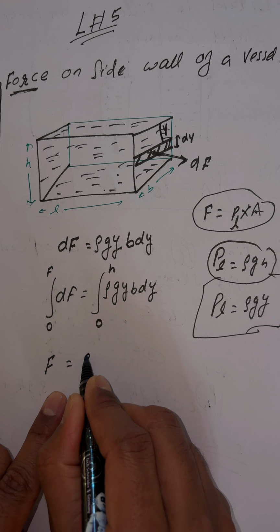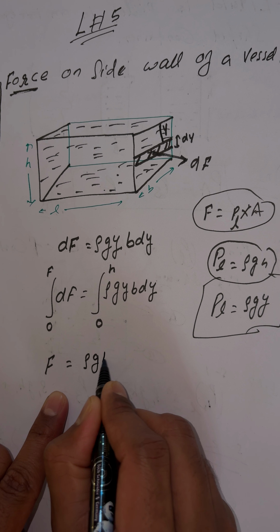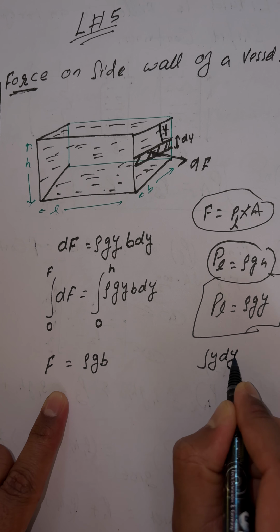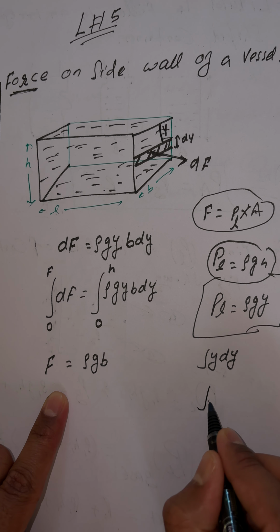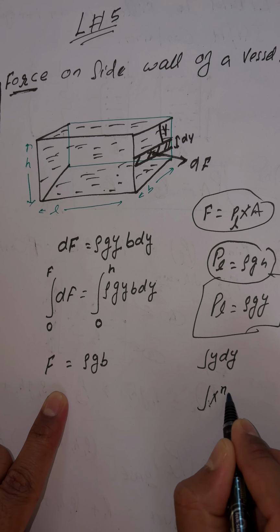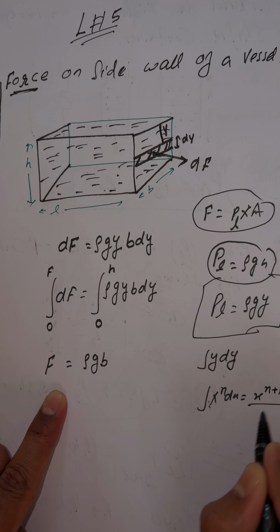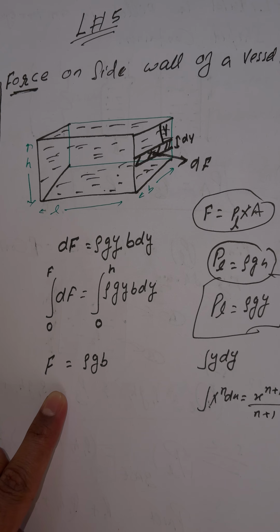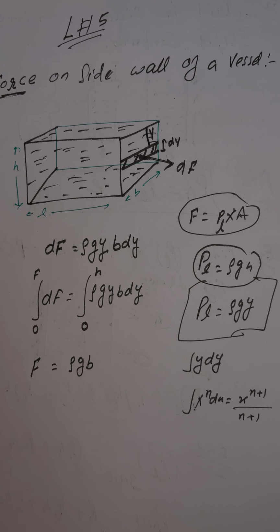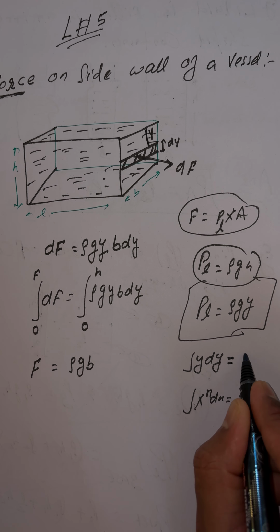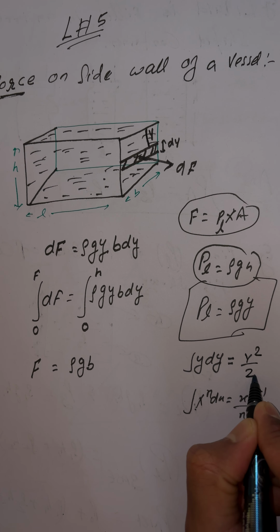Now students, this is rho g b times the integral of y dy. I'm doing the integration here one time for your convenience. If you remember the formula for x to the power n into dx, you can say x to the power n plus 1 upon n plus 1. So the same thing you can apply over here. You will get y square by 2.